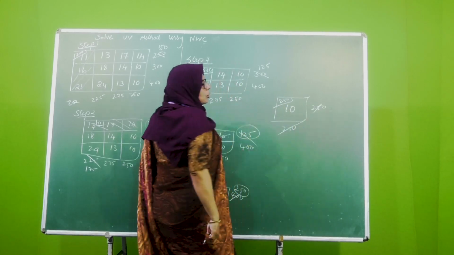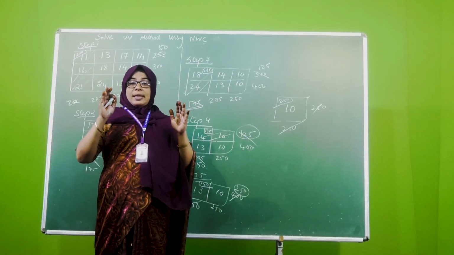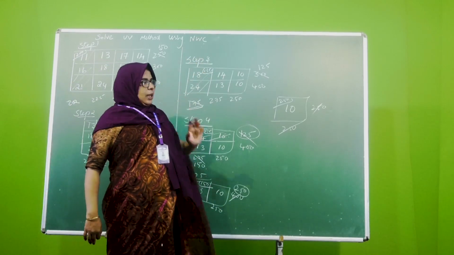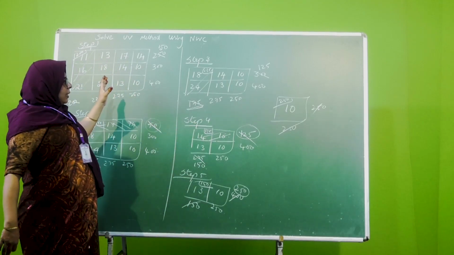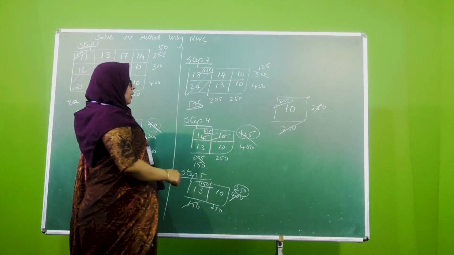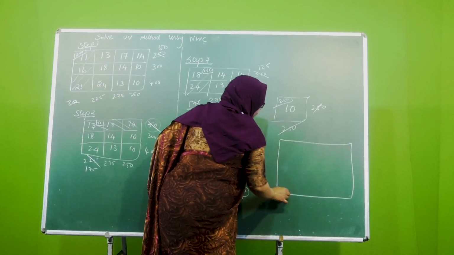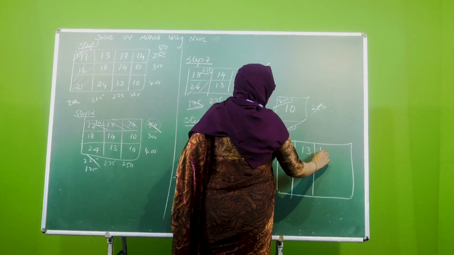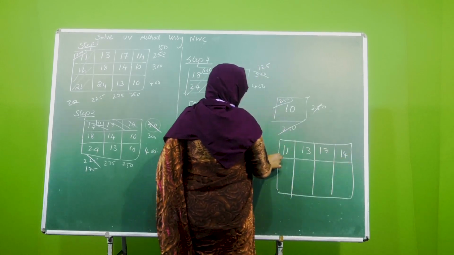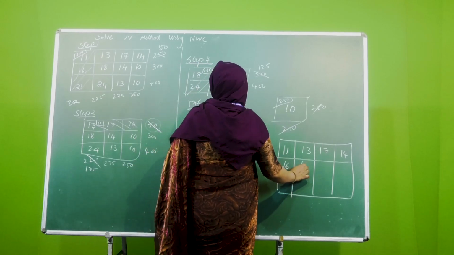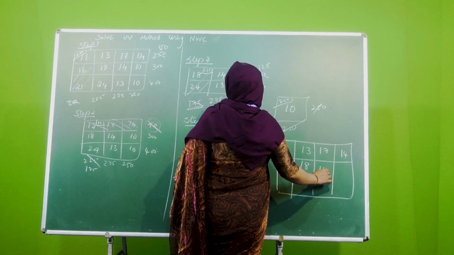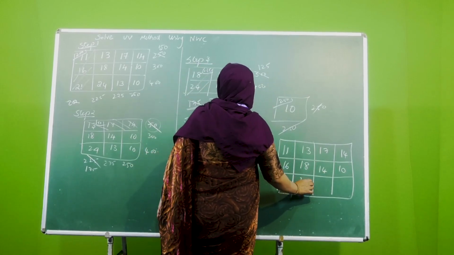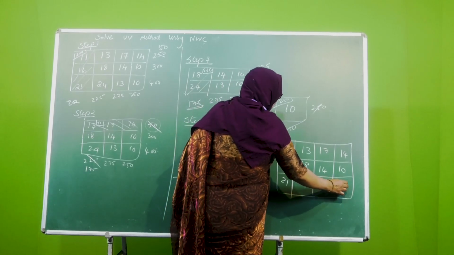So we have found the initial basic feasible solution using NWC. What are the allocated elements in the table? The table is 11, 13, 17, 14; 16, 18, 14, 10; 21, 24, 13, 10.